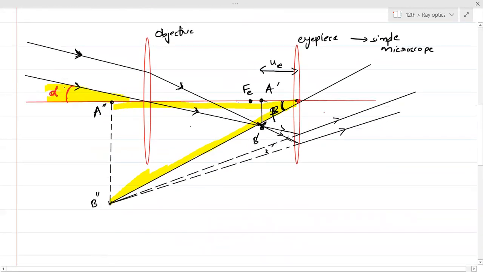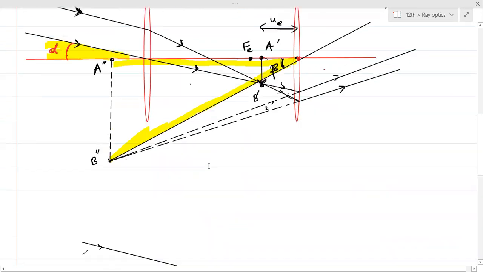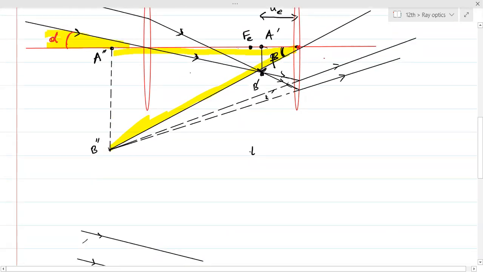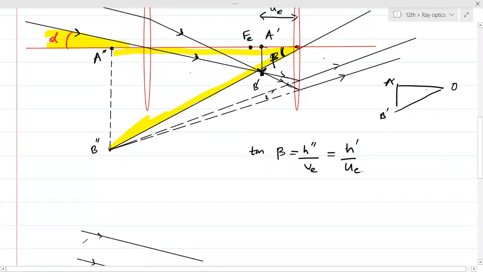Now look at this. Can I say that यहाँ पे looking at the diagram, tan beta is equal to h double dash upon VE, which is again equal to h dash upon UE. Yes, now look at the triangle A dash B dash O. This angle is beta, this is h dash, and this itself will be the object distance of the eyepiece.